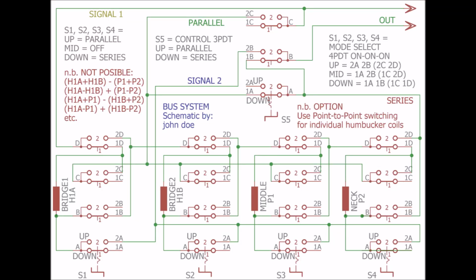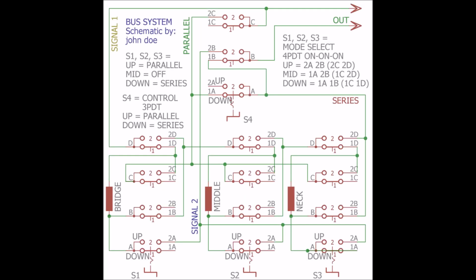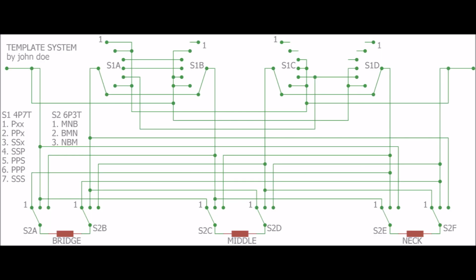In fact, a simplified version of the point-to-point switch system has a less number of switch position permutations than the bus switch system. But the bus switch system is more intuitive to use than the point-to-point system. The template system is the most efficient system, but switching between 7 switch positions is a physical and mental challenge.